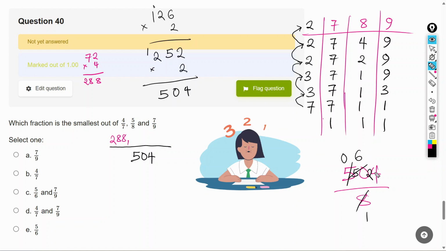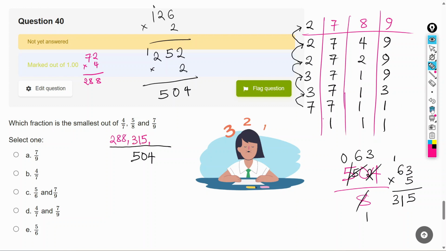Remember 2, 24. 8 into 24 is 3. So we have 63. Now we multiply 63 by 5. So 63 times 5. 5 times 3 is 15. I carry 1. 5 times 6 is 30 plus 1, 31. So that is 315.